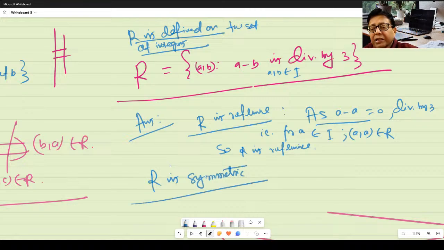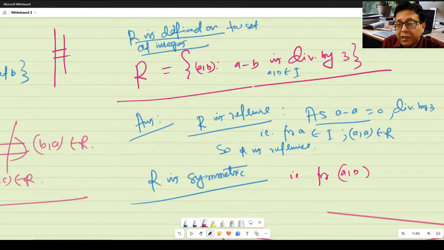R is symmetric. How do you prove this? That is for (A, B) belongs to R. What does this imply? A minus B is divisible by 3.